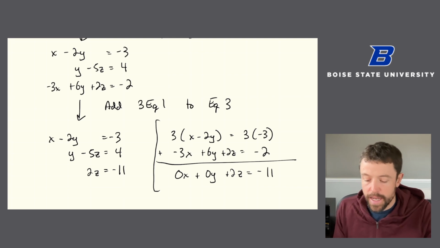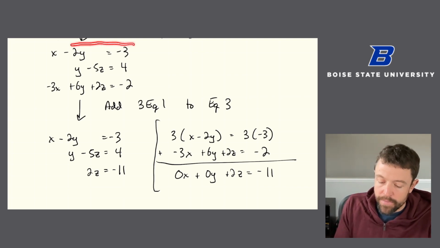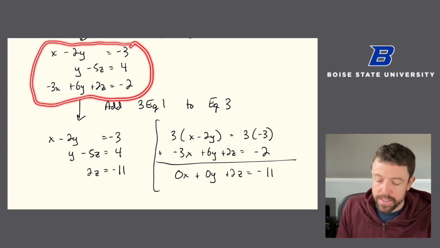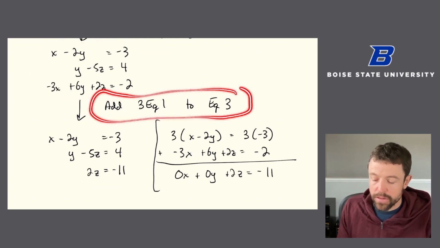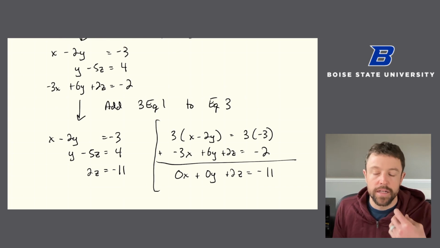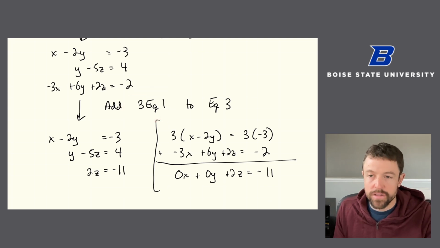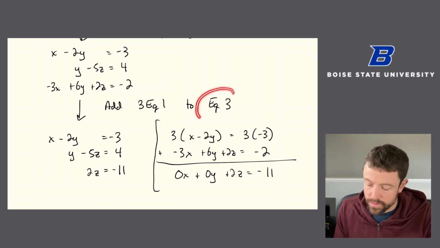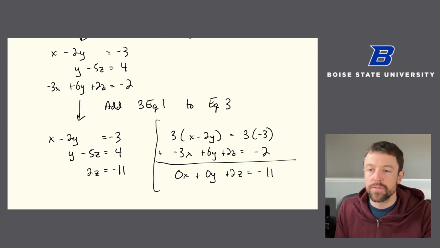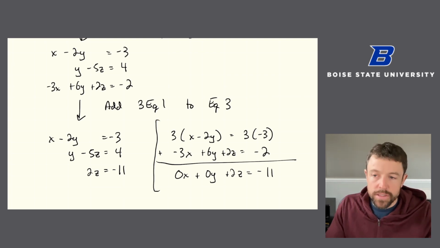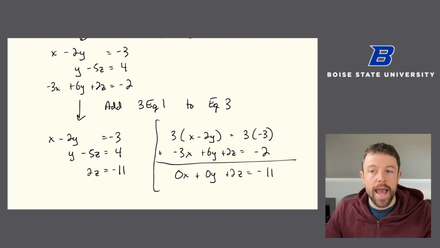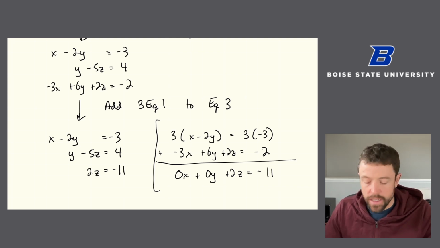So that is to say, if I have a set of x, y, and z that makes this equation true, when I start adding multiples of equations together, it's still going to be true, right? If equation 1 is true, and if equation 3 is true, then adding those together will still be true. The concern is that you can add solutions. That is that you can actually end up with more solutions by doing this sort of stuff.